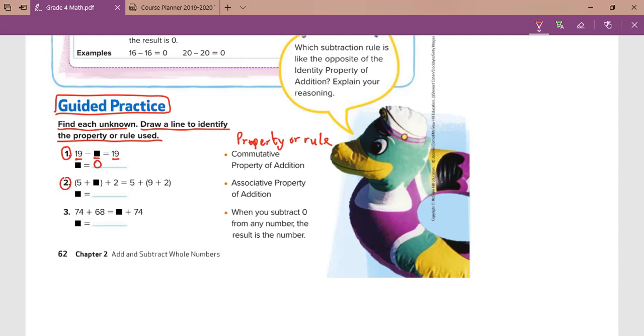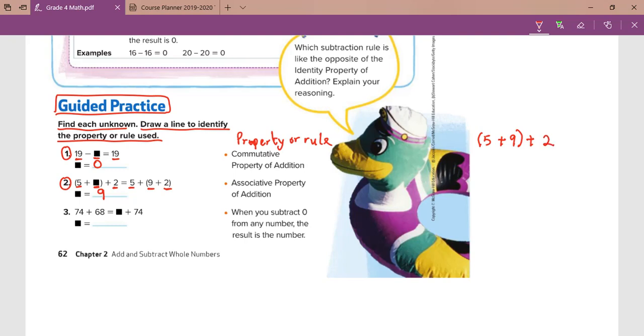Next, question 2. On the left side we have 5, on the right side 5. We have 2 here, we have 2. This is 9. We don't know what we have here. To make it balance, it's going to be 9. But now I'm going to show you something. So let's have a look. 5 plus 9 plus 2.